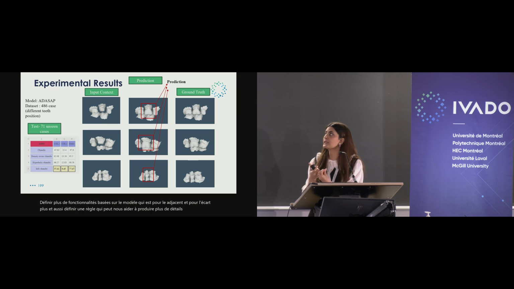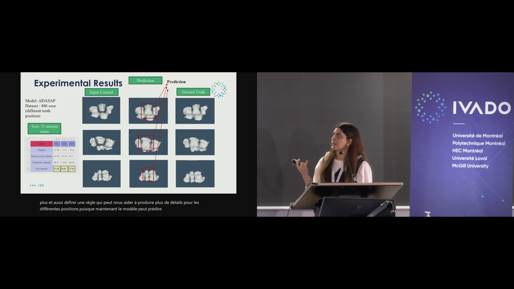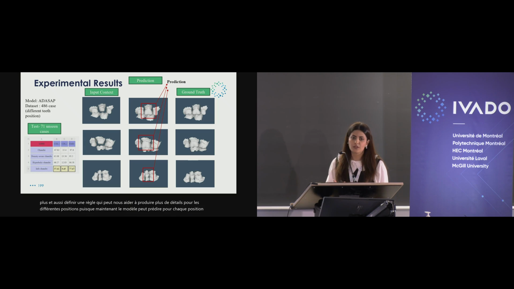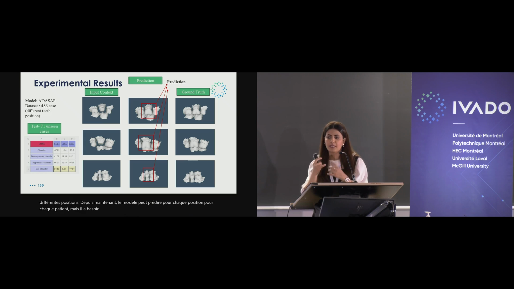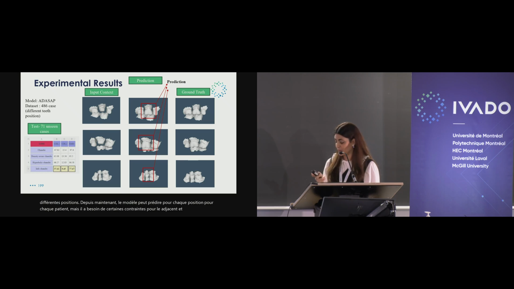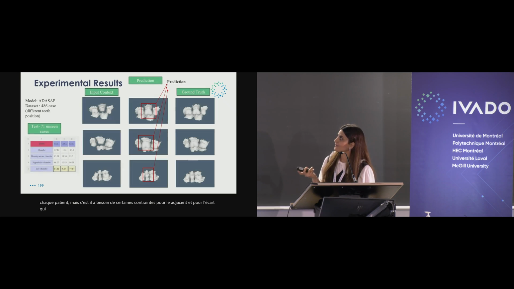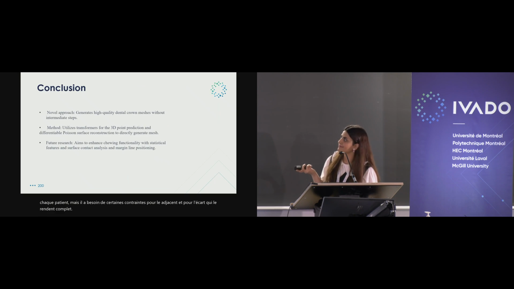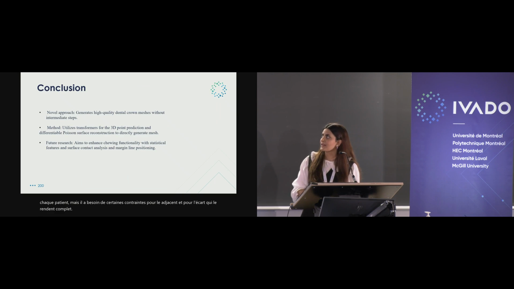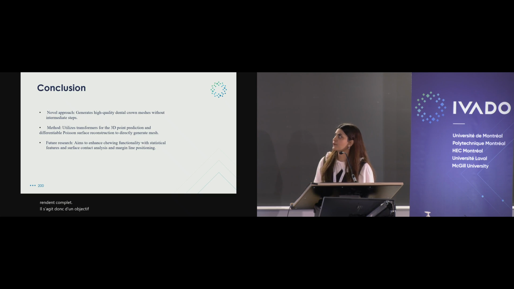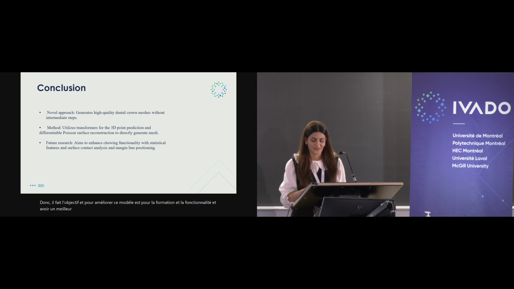Now the model can predict for each position for each patient, but it needs some constraints for the adjacent and the gap to make it complete. The aim of enhancing this model is tuning its functionality and having a better look at each patient's mouth. Thank you for your attention.